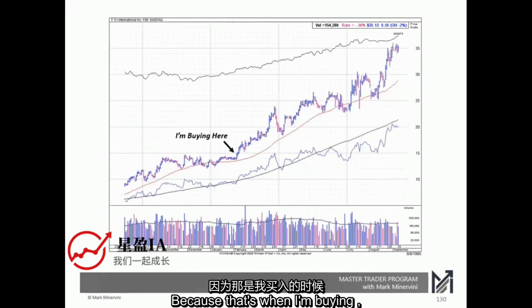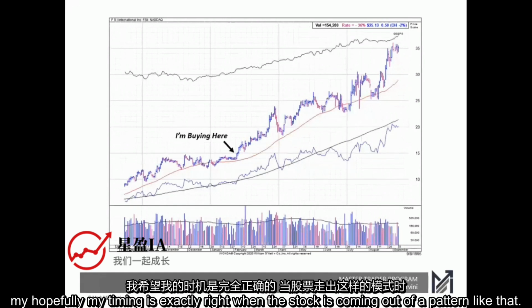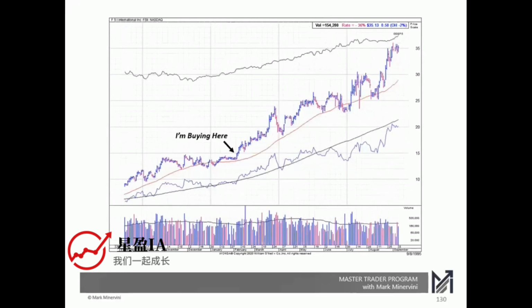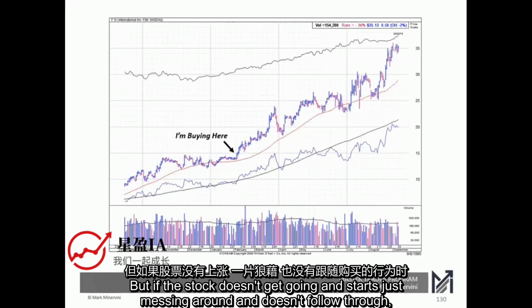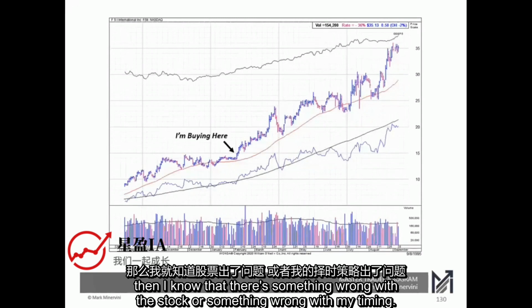Because that's when I'm buying, hopefully my timing is exactly right, when the stock is coming out of a pattern like that. And then I can go ahead and add to it. But if the stock doesn't get going and starts just messing around and doesn't follow through, then I know there's something wrong with the stock or something wrong with my timing.